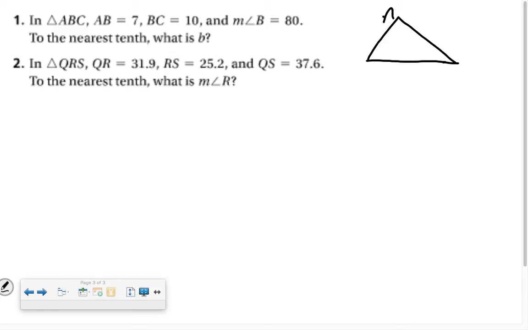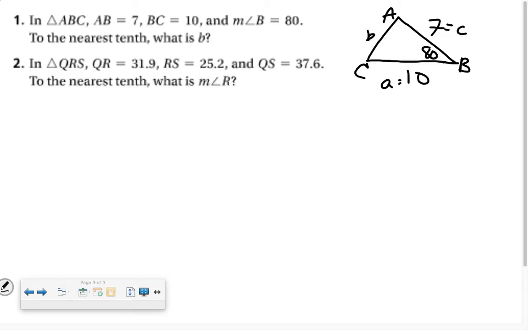Okay, so AB is 7, BC is 10, and the measure of angle B is 80 degrees. Okay, so this is little letter c. This 10 is lowercase a, and this is lowercase b.